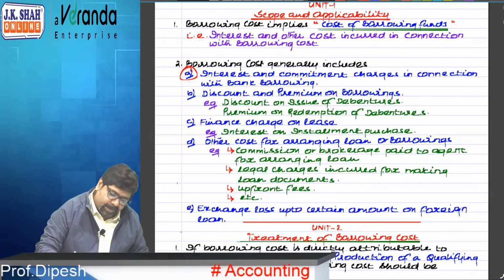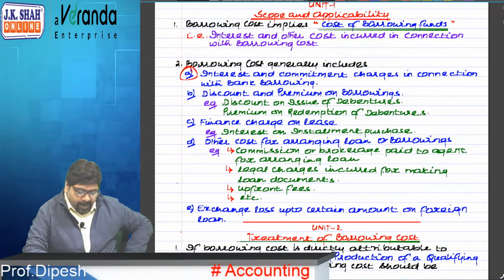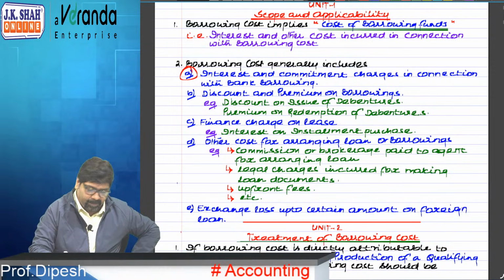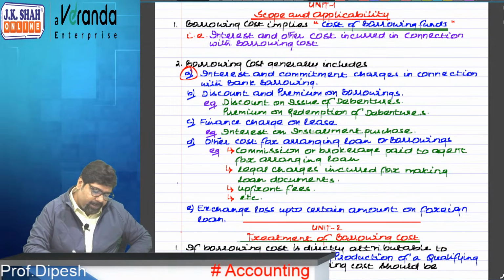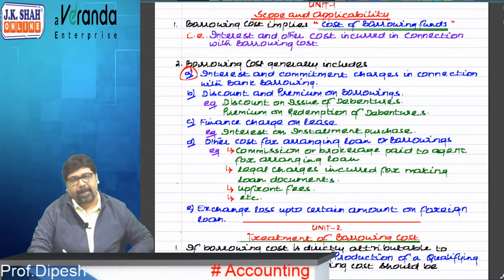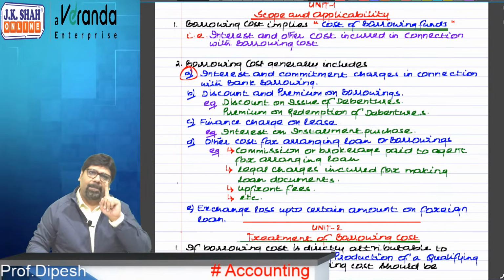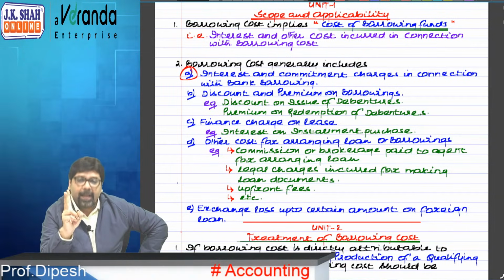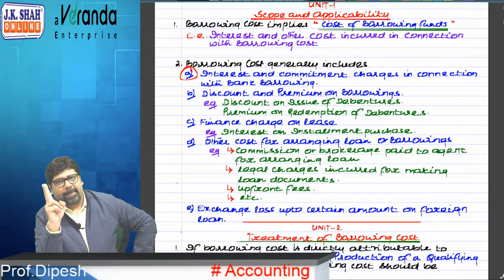Fair enough? Yes sir. Second, finance charge on lease, that is also borrowing cost. Other cost for arranging loan or borrowings, commission or brokerage, legal charges, upfront fee are all borrowing cost. So borrowing cost means number 1, interest and processing. Number 2, discount and premium on issue and redemption.